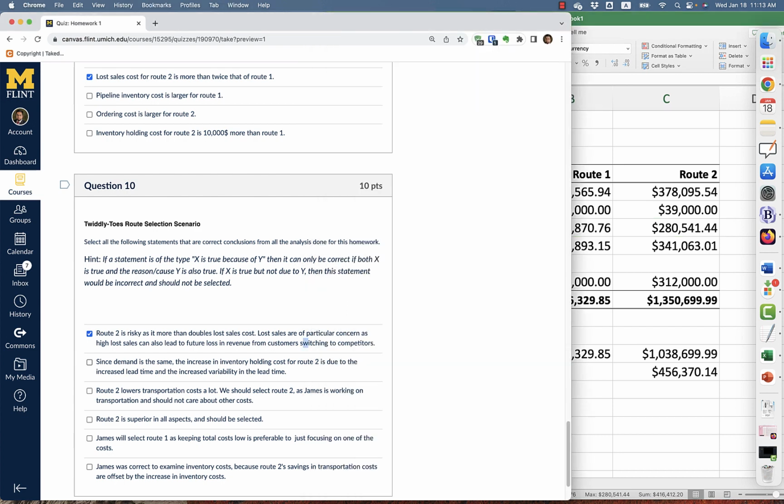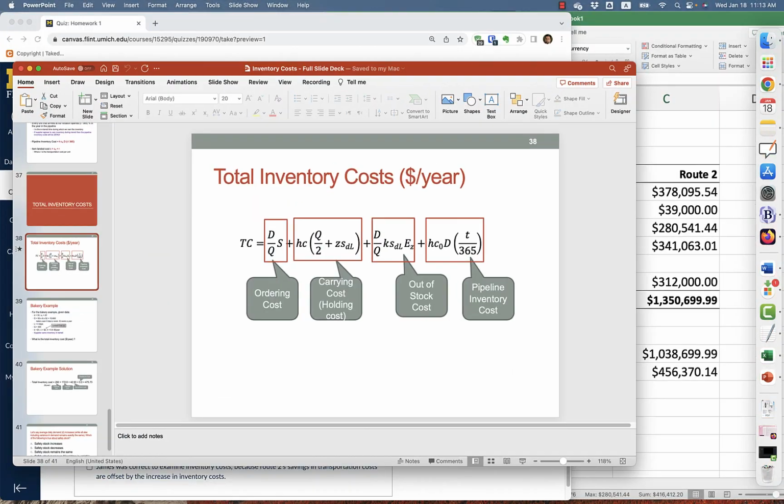Since demand is the same, the increase in inventory holding cost for Route 2 is due to the increased lead time and increased variability in the lead time. Okay, now look at the inventory holding cost formula right here. Q is the same for both routes. Landed cost is different. H is the same for both routes. And SDL is different because of lead time and standard deviation of lead time. So this is almost correct.